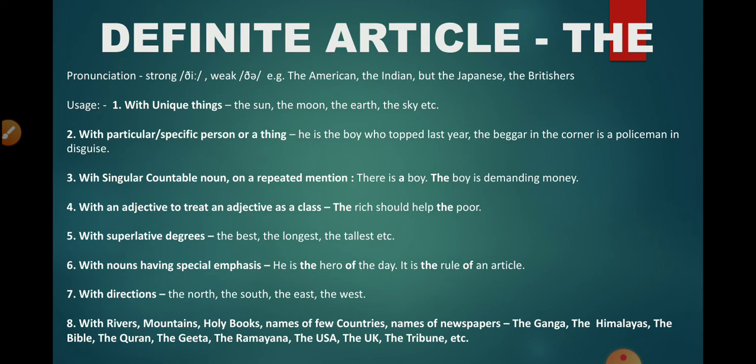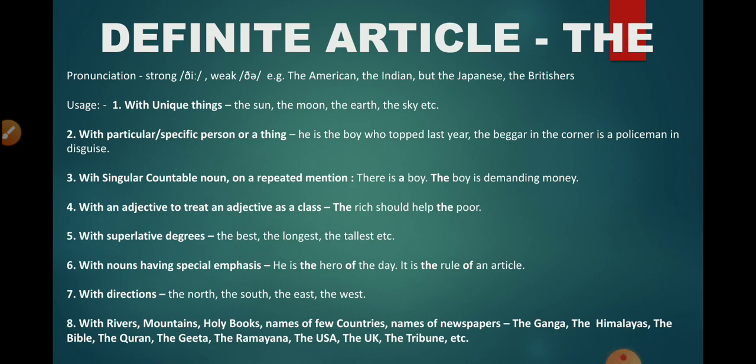We commonly use a or an before a countable and singular common noun, but when the same common noun is mentioned again in the same context, then the common noun or common name becomes specific or particular.